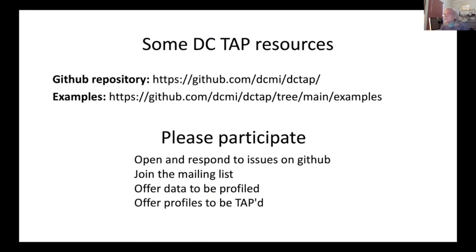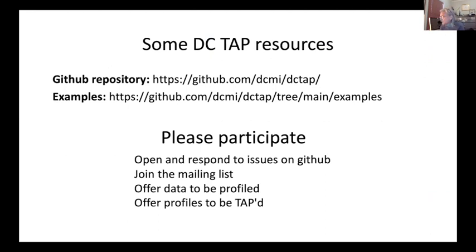So I want to give you some resources. We really do want people to give us information, to participate, tell us what does and doesn't work. So again, our GitHub repository is the place to go. We have created some examples.